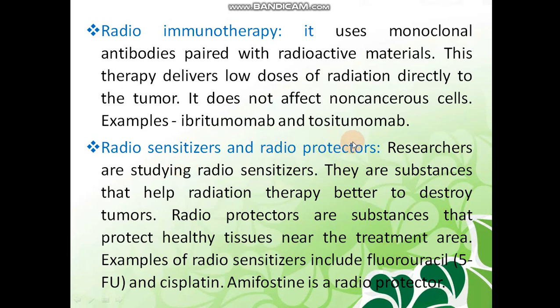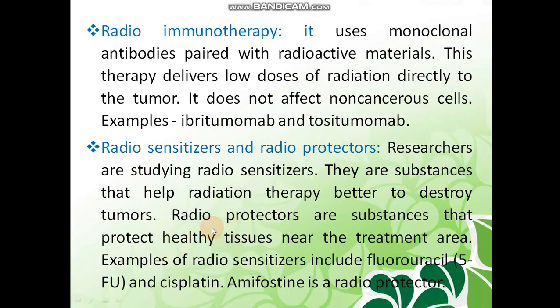And next is radioprotectors. What are they? Radioprotectors are substances that protect healthy tissues near the treatment area. So when a patient is undergoing radiation therapy and we give a radioprotector, it will protect the nearby healthy, normal tissues.